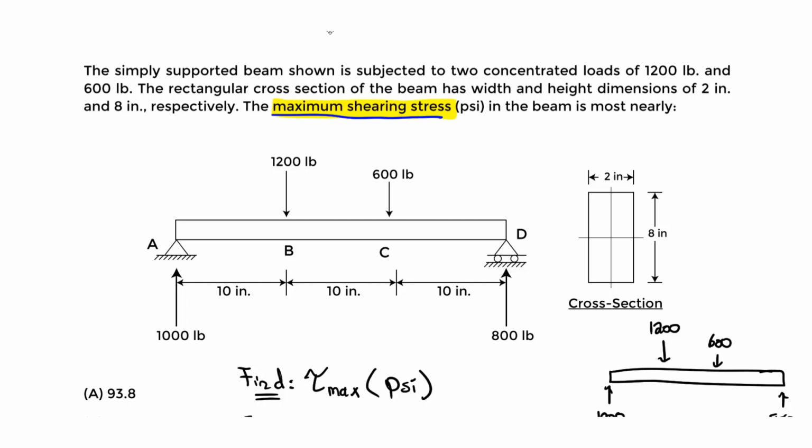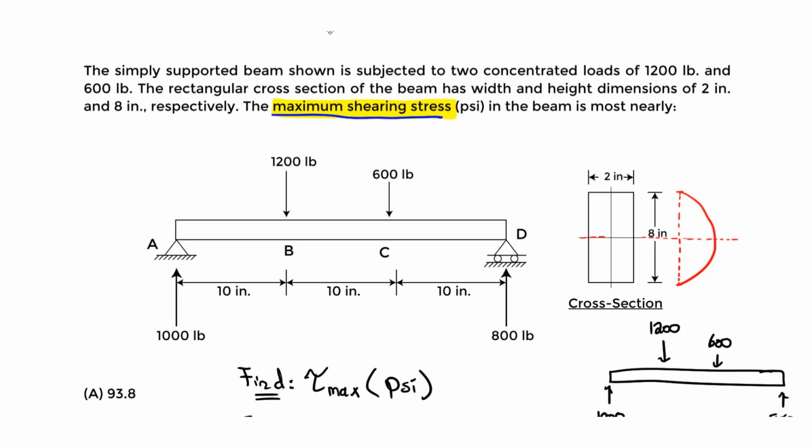If I draw that for us, it looks something like this. We have 0 here, 0 here, and we draw a parabola. It should be symmetric about the neutral axis.